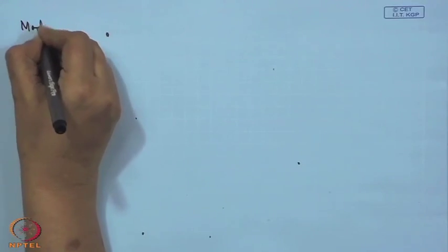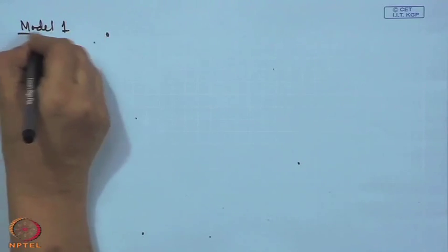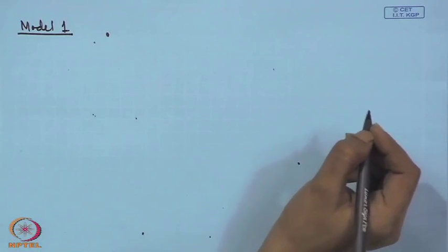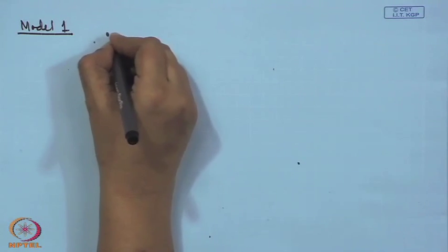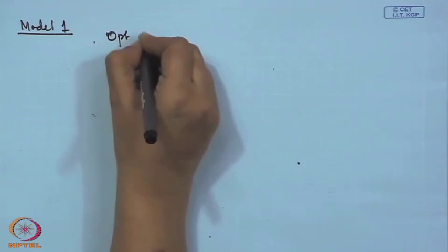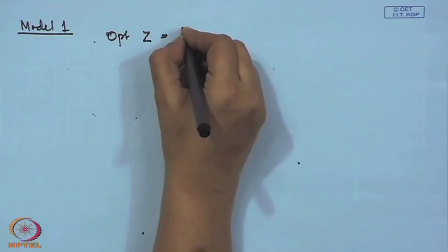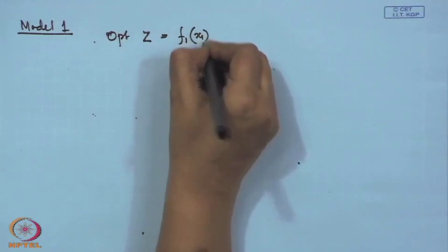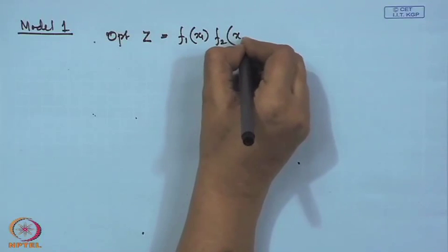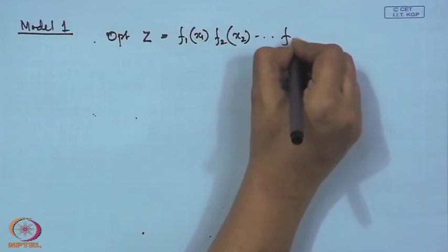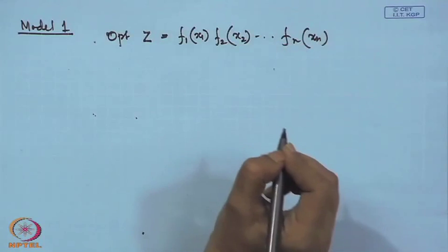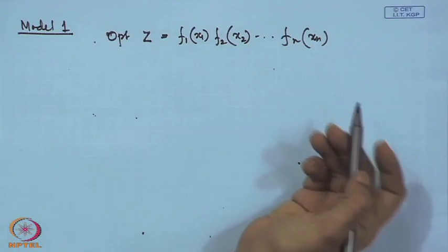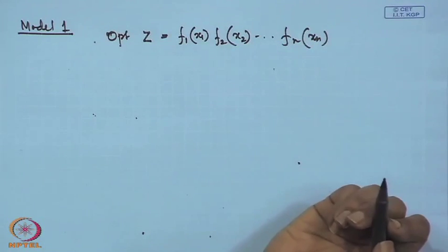Let me take the simple model first, that is model 1, where we are considering the objective function as f1 x1 f2 x2 up to fn xn, where x1, x2, xn are the variables involved in the decision process.